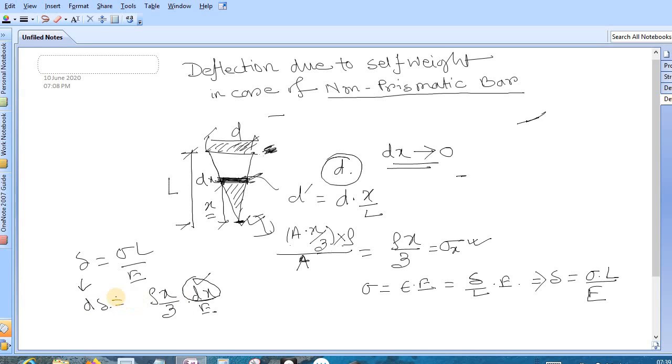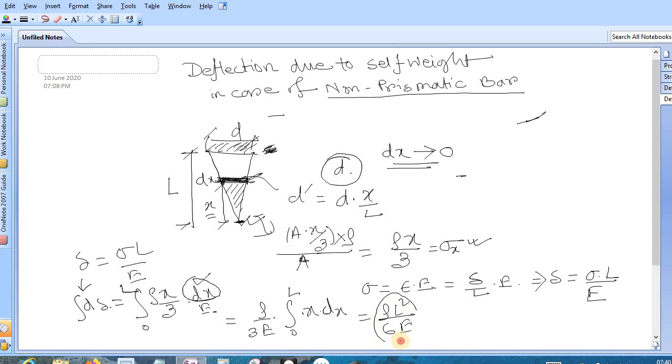To get the total deflection due to self weight, just like the previous cases, you integrate this from 0 to L, and you get rho by 3E into the integration from 0 to L of x dx, or rho L square divided by 6E.